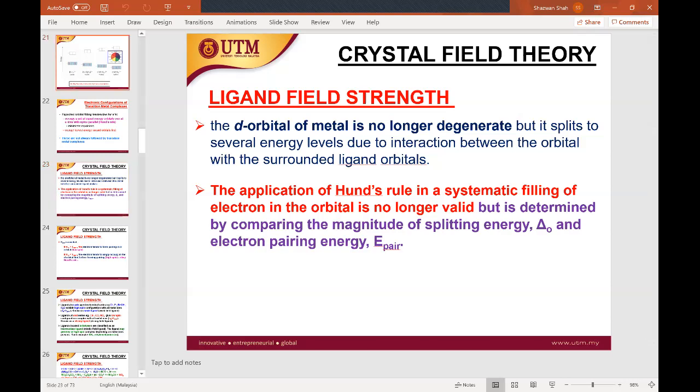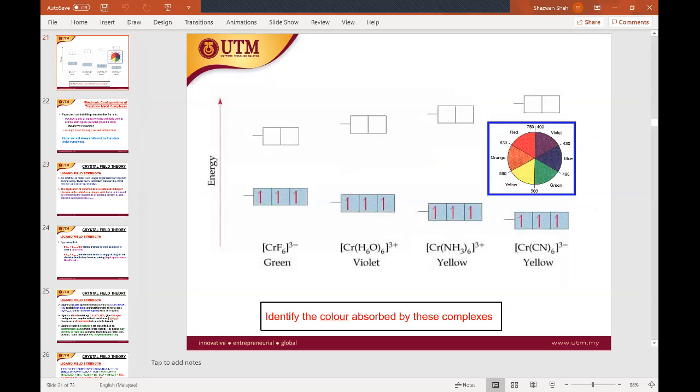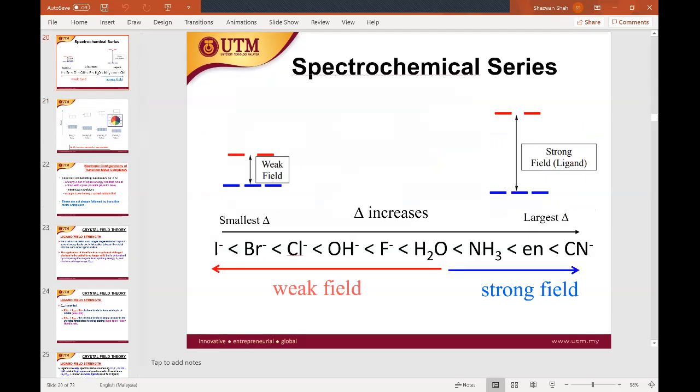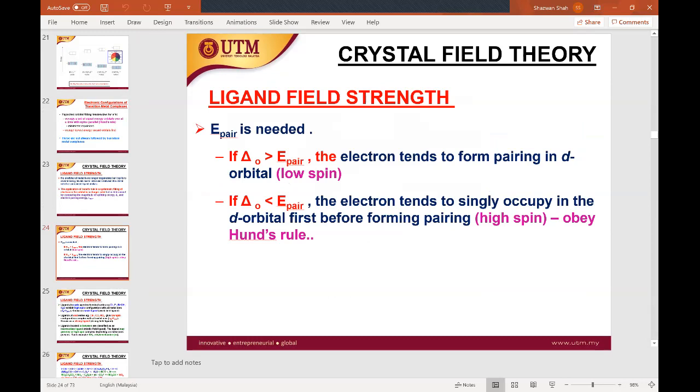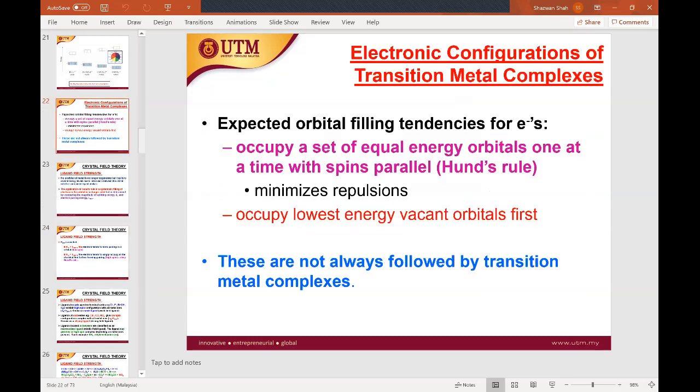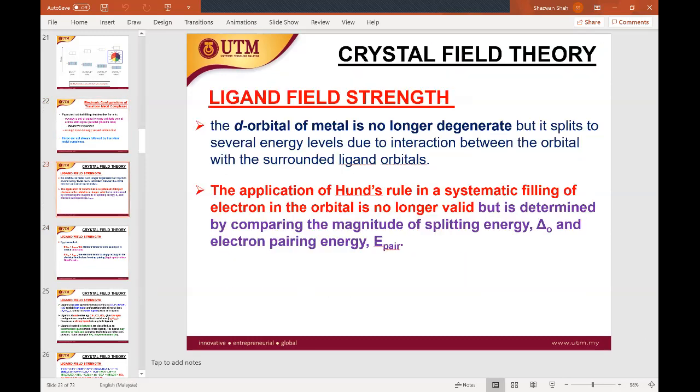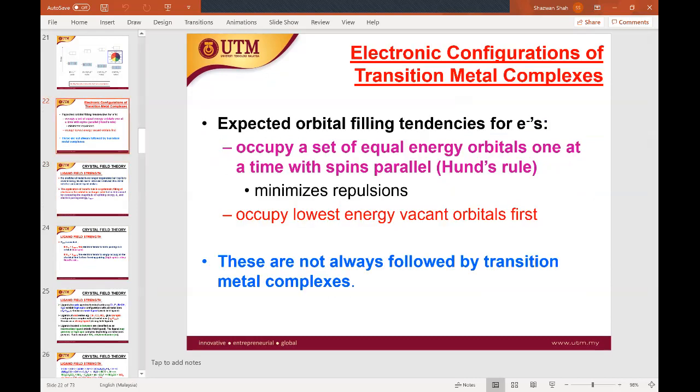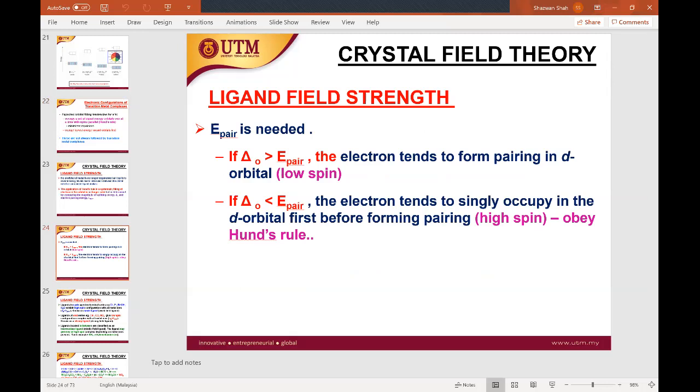So the energy difference between low level to high level is the splitting energy. And then another term is energy pair. So we always occupy the lowest energy first, and then we pair up in another level.